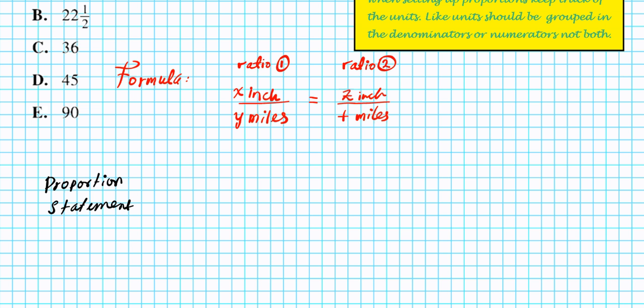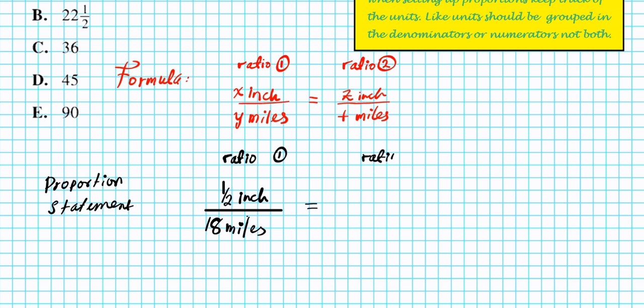So the first ratio, we have 1/2 inches on the map, or 1/2 an inch is how many miles? Half an inch represents 18 miles on the actual ground. Okay, half inch, 18 miles equals this ratio 1.